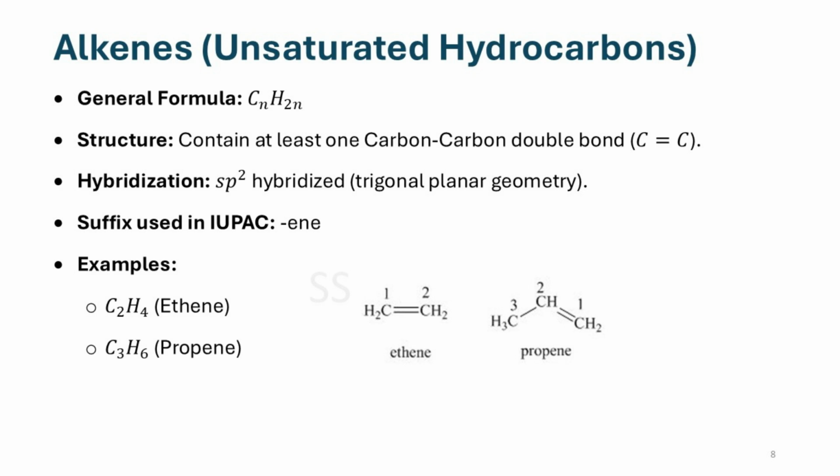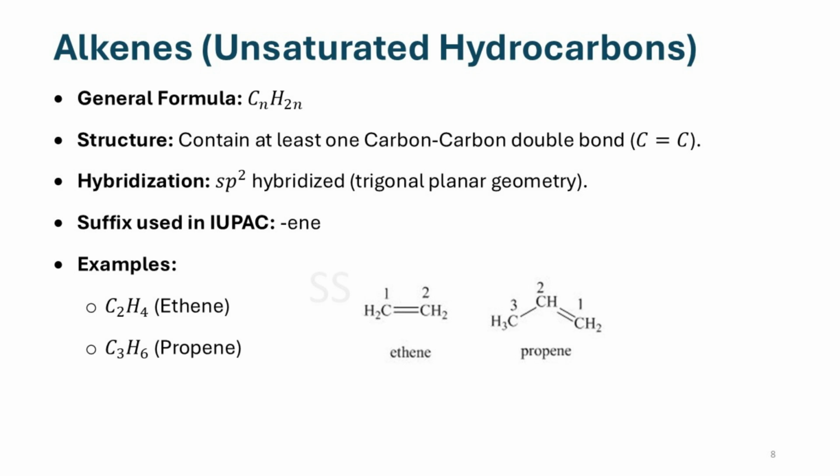Now let us move to the unsaturated family. Alkenes have at least one C=C double bond and follow the formula CnH2n. So remember, alkanes have the formula CnH2n+2. So if you remove 2 hydrogens from that alkane, it becomes an alkene.